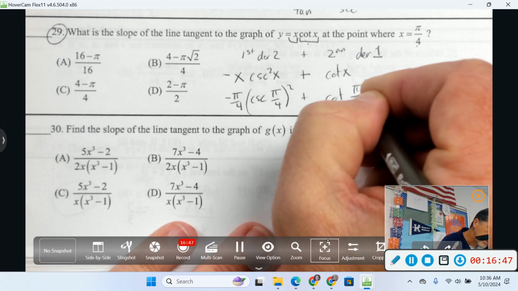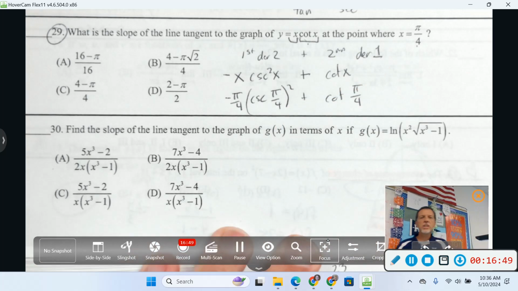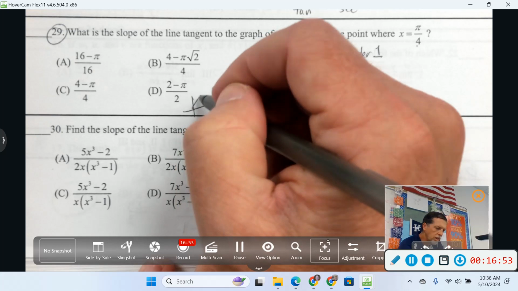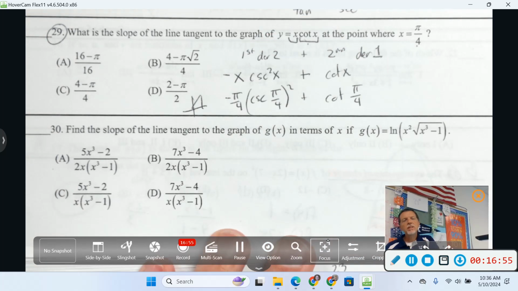Cosecant of pi over 4. Okay, pi over 4 is in the middle. Cosecant goes with sine. Sine is root 2 over 2. But I need to flip that over.